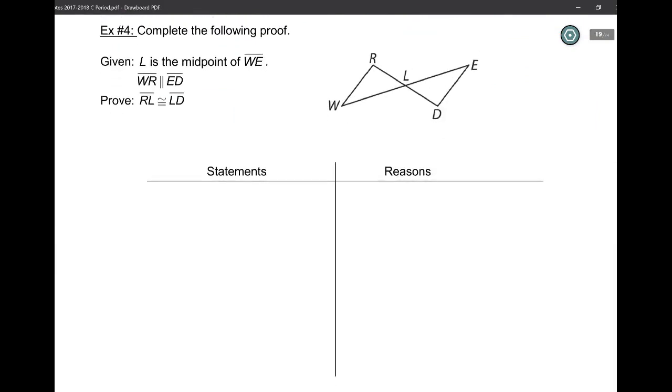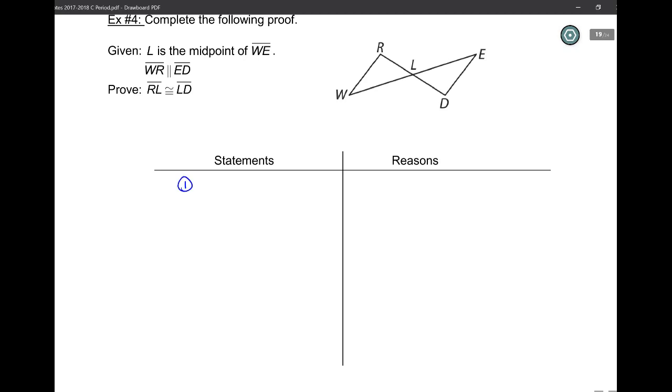Okay, so we want to prove the following. We have L is the midpoint of WE, and WR is parallel to ED.